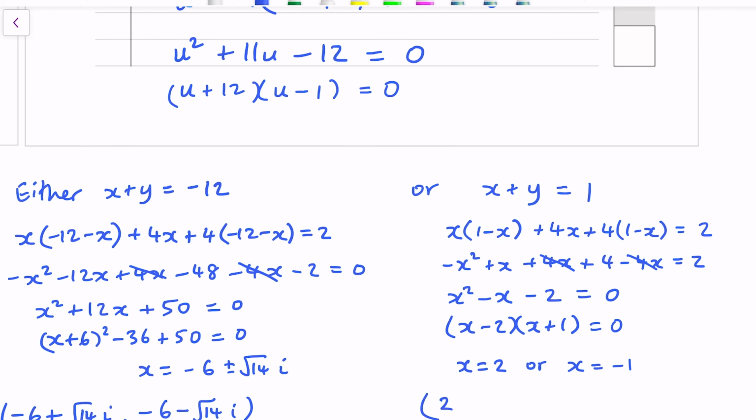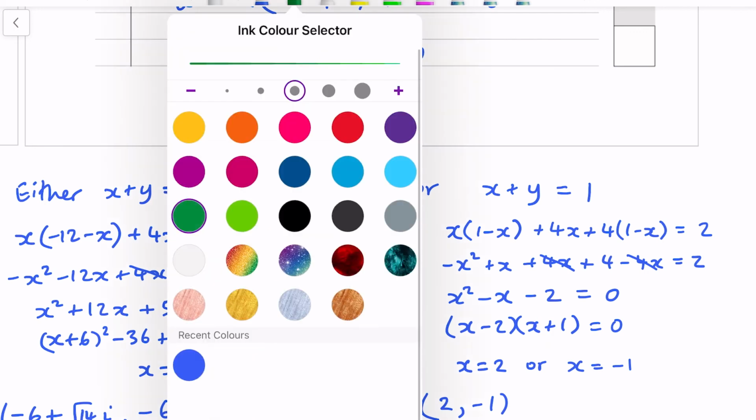So if it's 2, then the y value is minus 1, and if it's negative 1, the y value is 2. So there are 4 solutions to the problem.